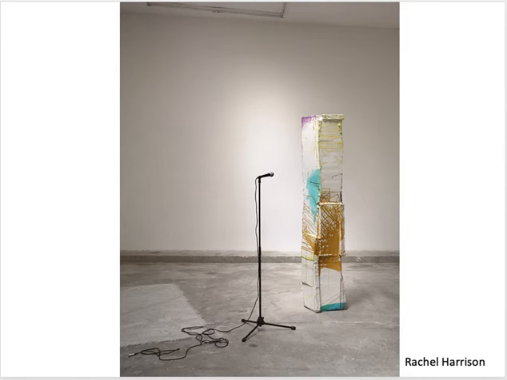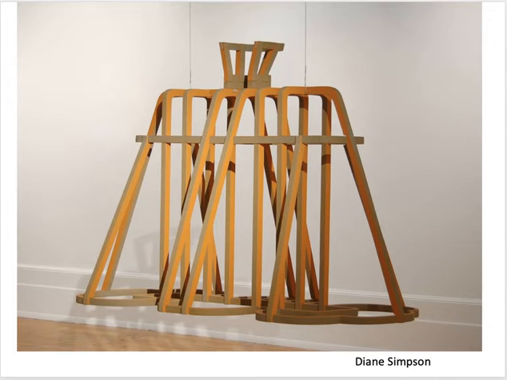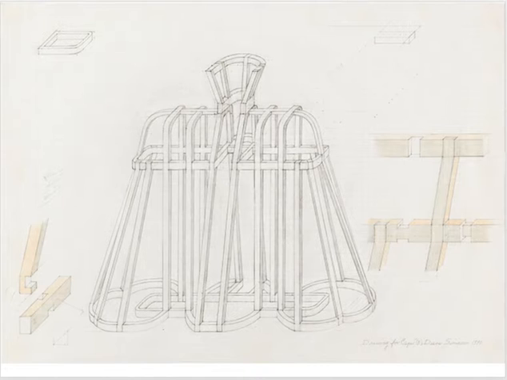Another artist whose work I think is really stunning is the artist Diane Simpson. And Diane Simpson makes a lot of sculptures that reference the body and clothing. And there are these very rigid, highly structured objects that are three-dimensional but have a very strong relationship to drawing, which is two-dimensional.